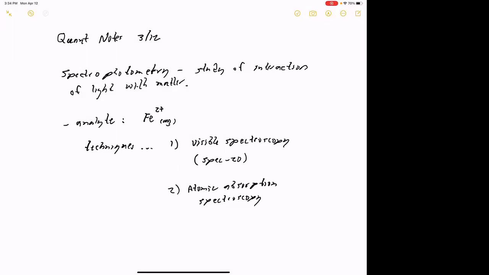So we're actually going to make iron atom, and we're going to actually generate a vapor of it in a flame, and we're going to measure the concentration of the iron atom in the vapor based upon its absorption of light. And in this case, we're going to be working down in the ultraviolet or UV part of the spectrum. Okay, so that's light we can't see. All right, so we're going to be comparing and contrasting standard curves and analysis using those two different techniques.